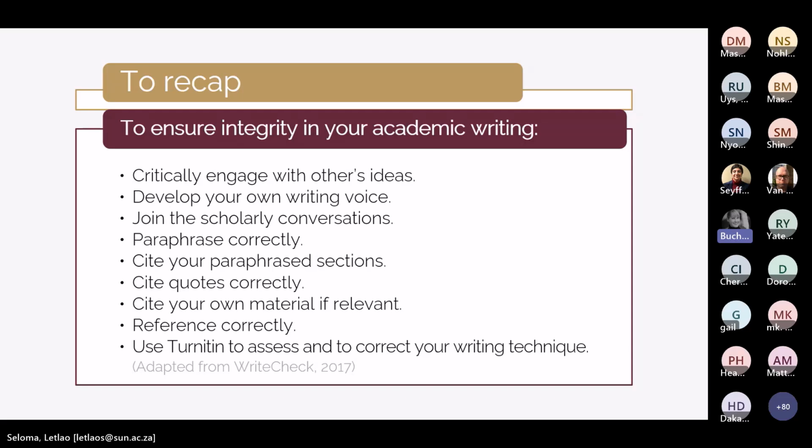You need to develop your own writing voice. You need to join the scholarly conversations. Then you need to get the technical nitty-gritty right. So you need to paraphrase correctly, cite your paraphrase sections, cite quotes correctly, cite your own material if relevant. Otherwise, it would be seen as self-plagiarism, and reference correctly.